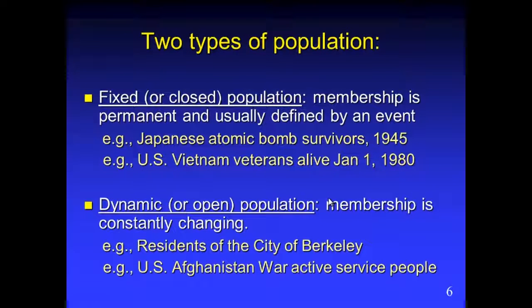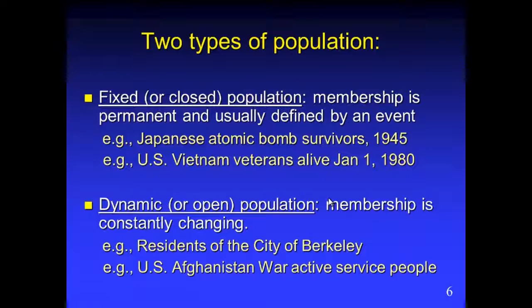And we can also think of populations divided into 2 broad types. Fixed, sometimes referred to as closed populations, where membership is basically permanent and defined by some sort of event. Those are 2 examples there. And we can also think of dynamic, also referred to as open populations, where the membership is constantly changing as people come and go.